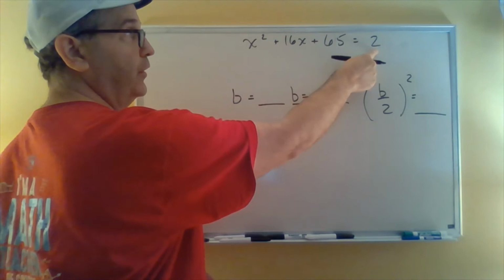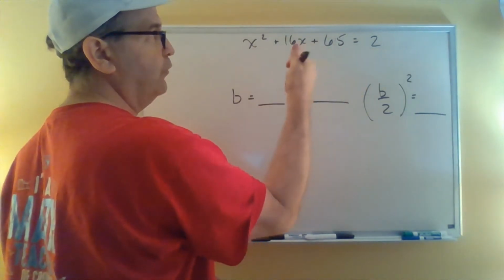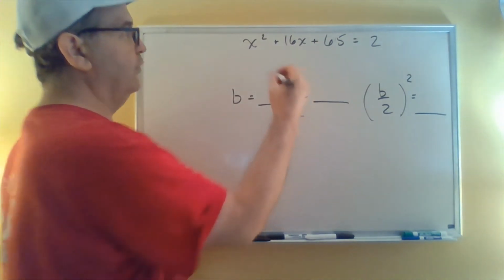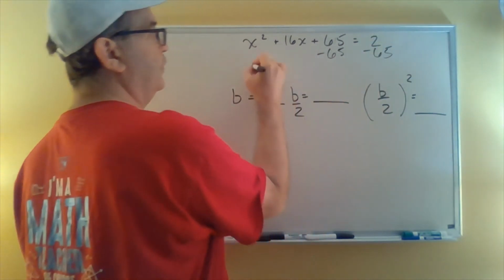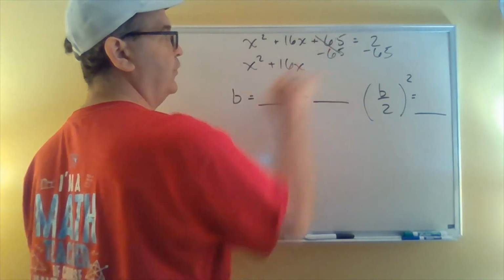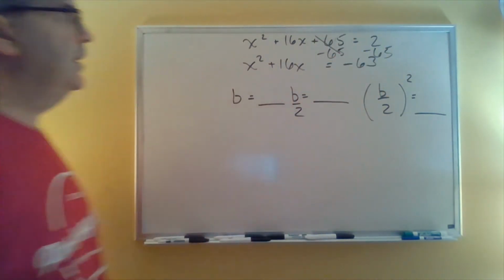We have a constant on the right, 2, but we also have this constant hanging out on the left side, 65, which we need to move over. Now, how are we going to do that? We're going to subtract 65 from each side. So we will end up with x squared plus 16x, those will cancel out on this side, equals negative 63.